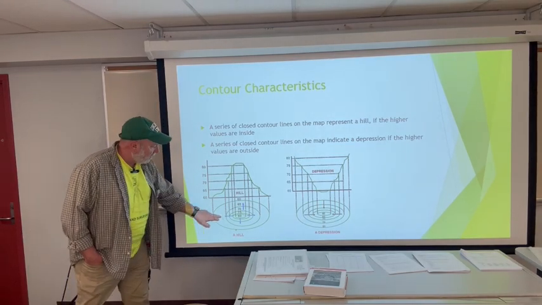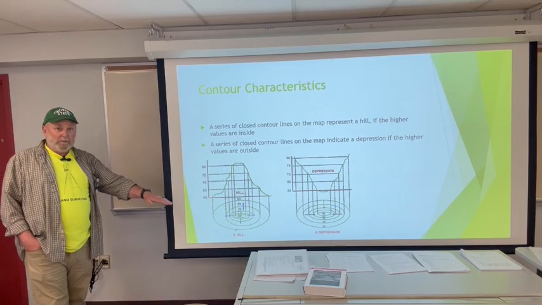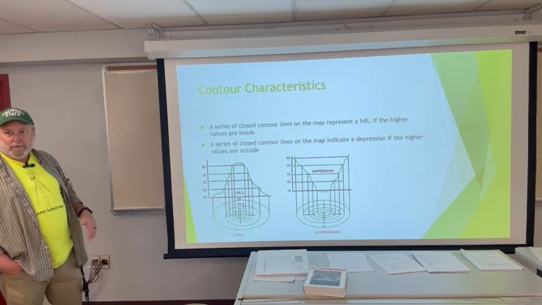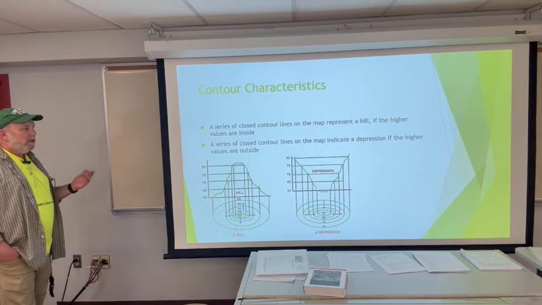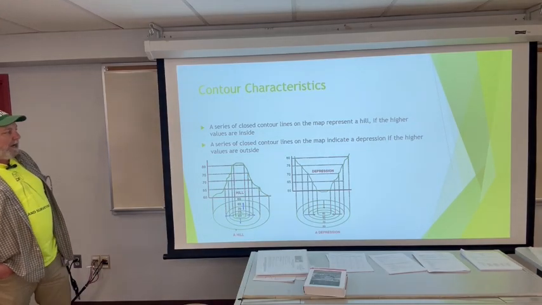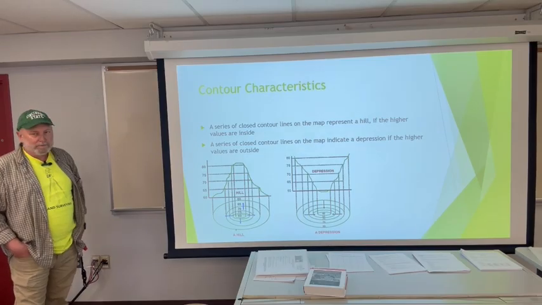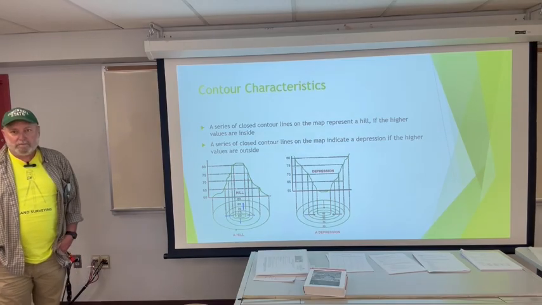Your 60 is the furthest out. As those circles move in, and the numbers are getting higher, that means you have a hill. Likewise, a series of closed contours can indicate a depression if the higher values are on the outside. Pretty clear? Makes sense?